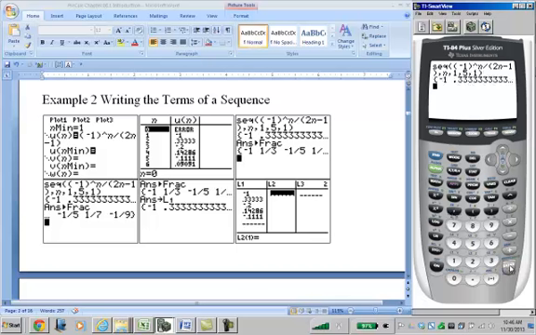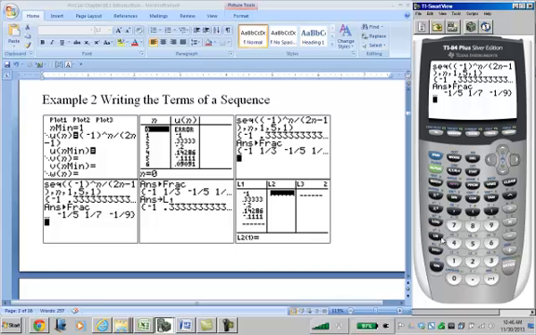Now I hit enter. Okay, then I can do math and then frac and hit enter again, and now I got everything in rational form, and I can arrow over here and see all the answers. Or I could put the answers into L1 and look at them there using the store key.